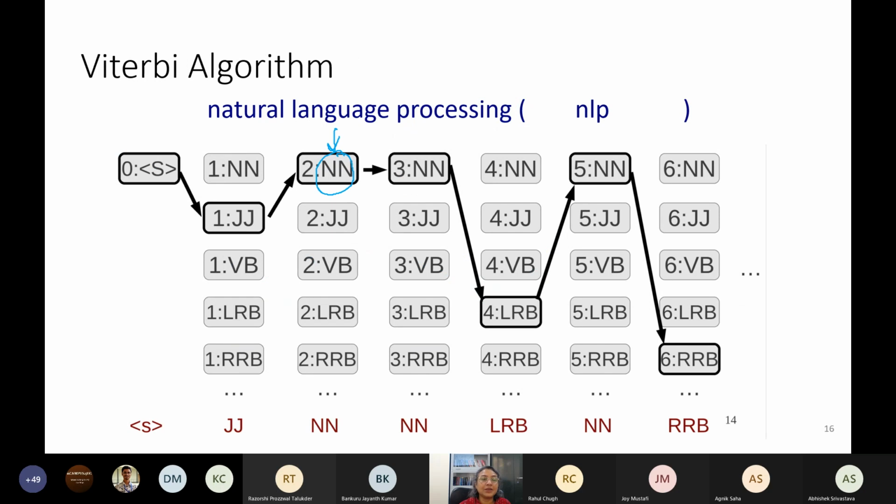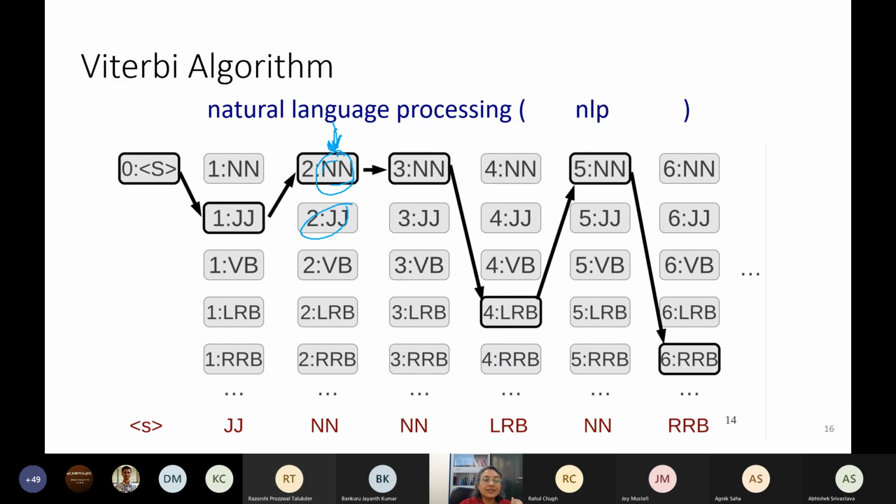So let us look at this picture. Suppose we want to find out the probability that we have a tag sequence which has noun for the second word. Or what is the probability of the tag sequence which has adjective for the second word, right?